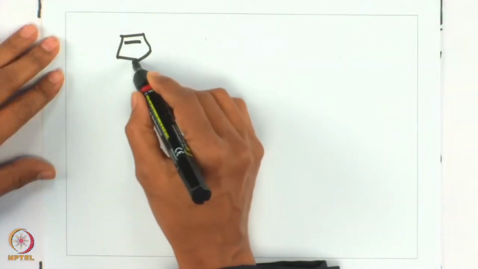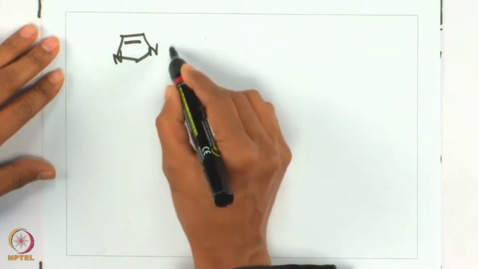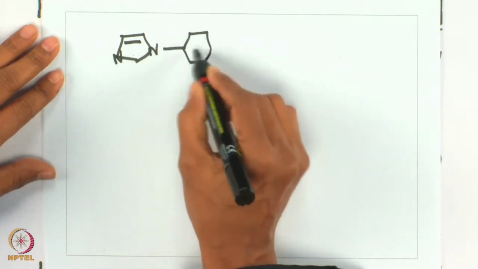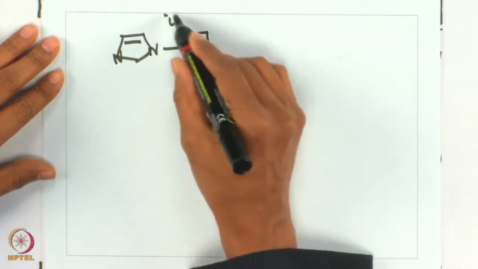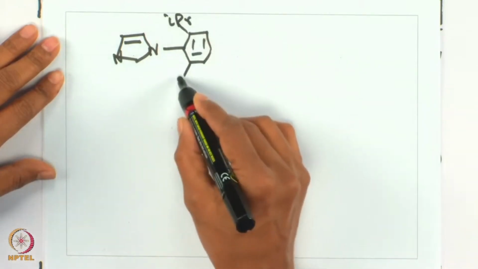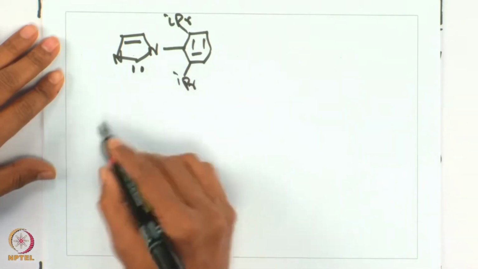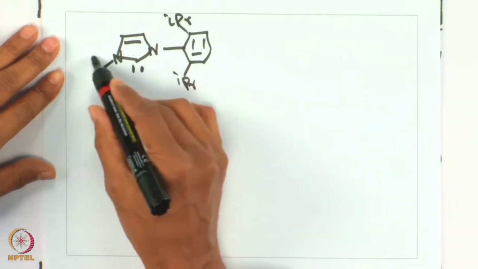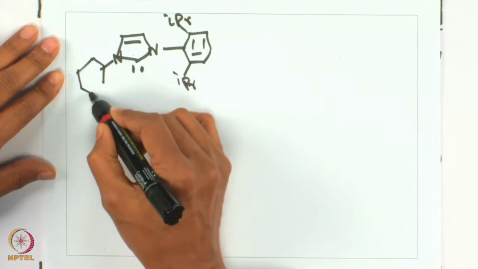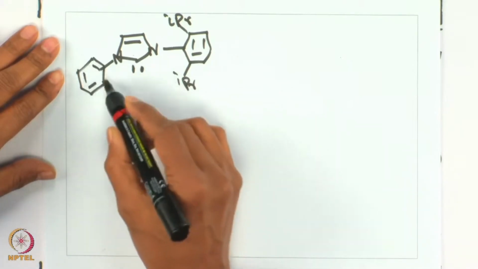The other ligand that is involved in this process is the carbene ligand, where you do have these isopropyl groups. So, SIPr ligand, of course, by Herrmann and Nolan. These ligands were developed and put forward.